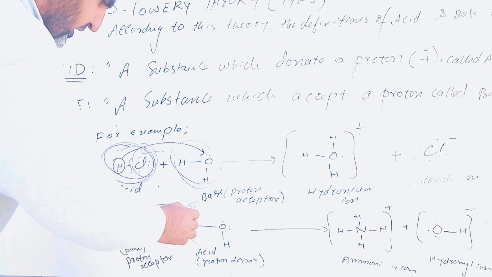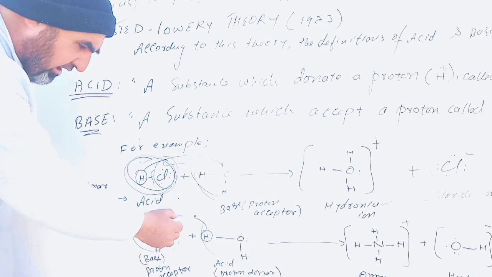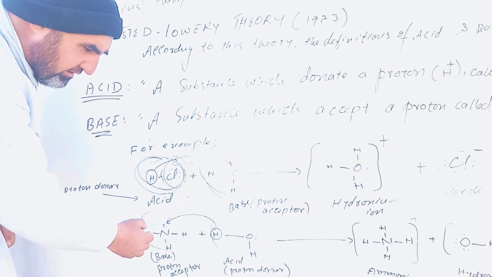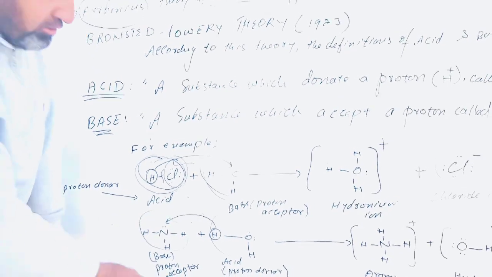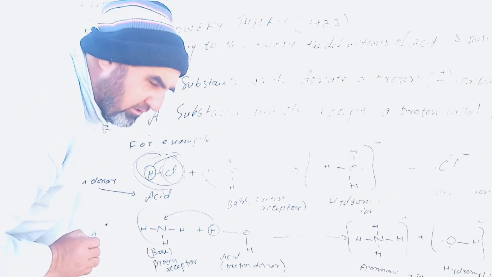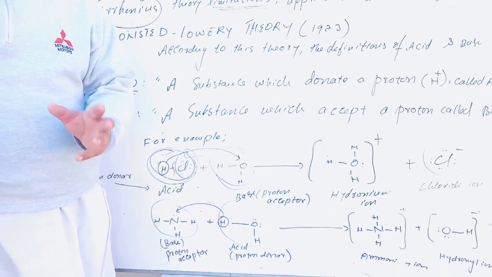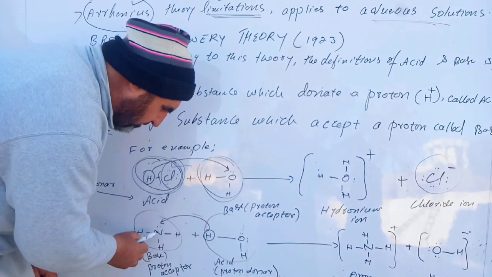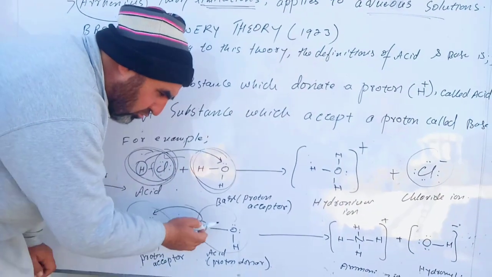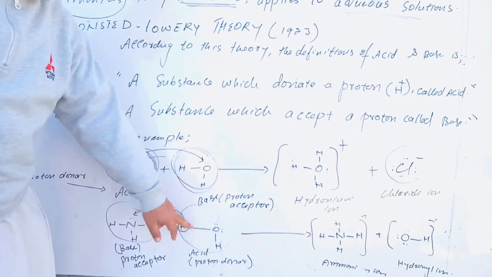So this water molecule will give a hydrogen, a proton, H+, to ammonia. Proton means H+, hydrogen in the form of an ion. So it is a proton donor. It is an acid.